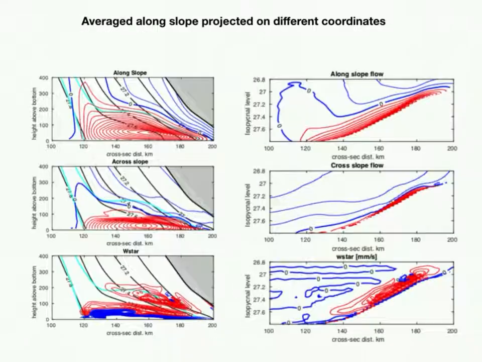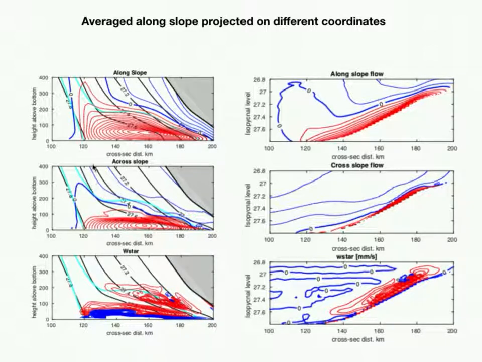To have a better view of this vertical structure, I plotted all these variables in a different way. I computed the variables versus the distance to the bottom, the vertical distance to the bottom.